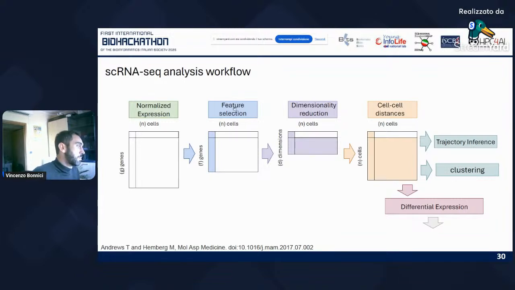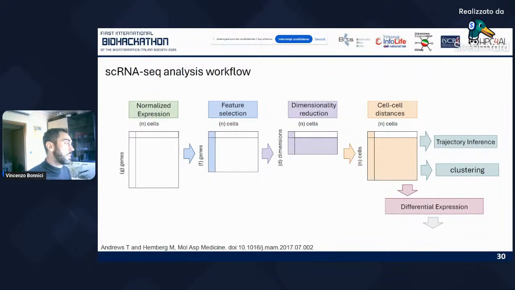Some of these steps can be feature selection. You may want to select some of the genes that are of interest for you, but most important, you may want to run dimensionality reduction, or you may want to calculate cell distances.